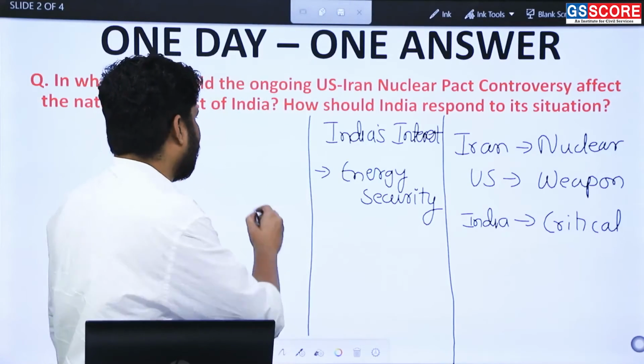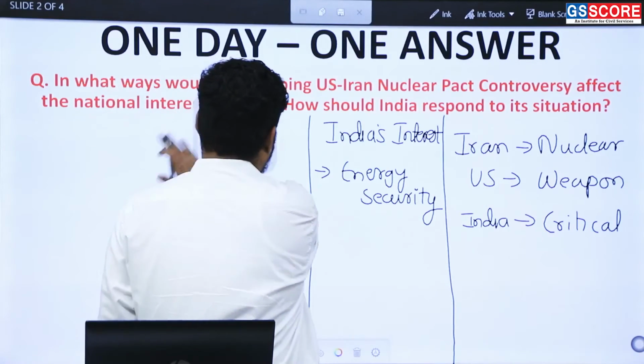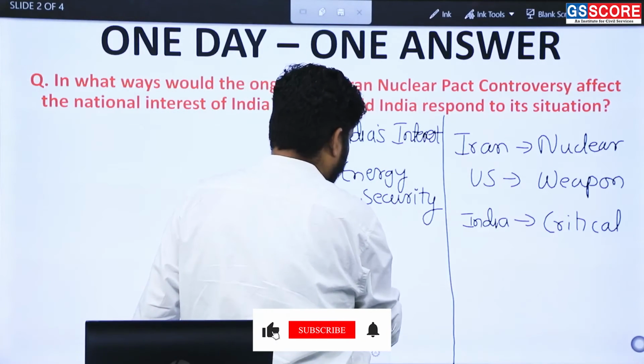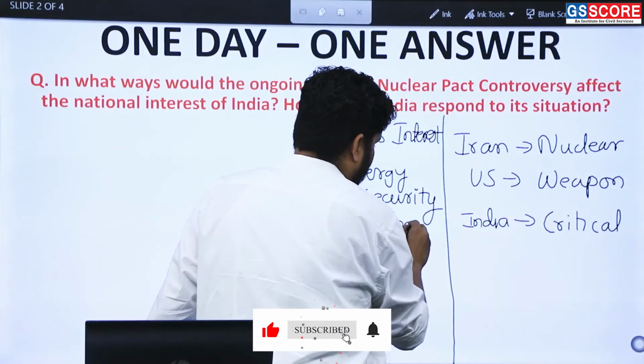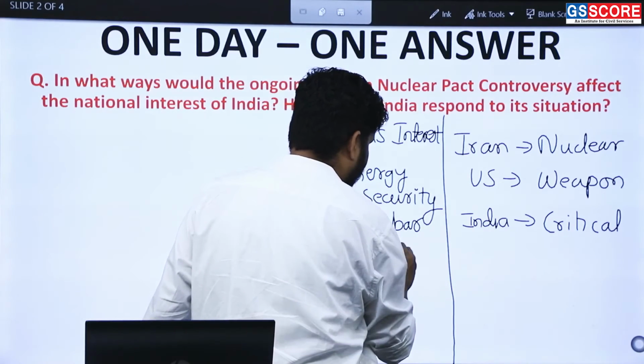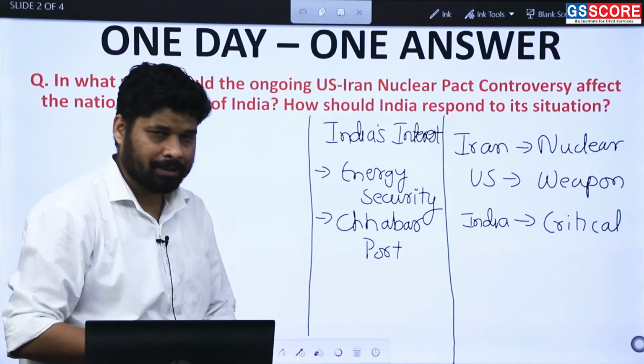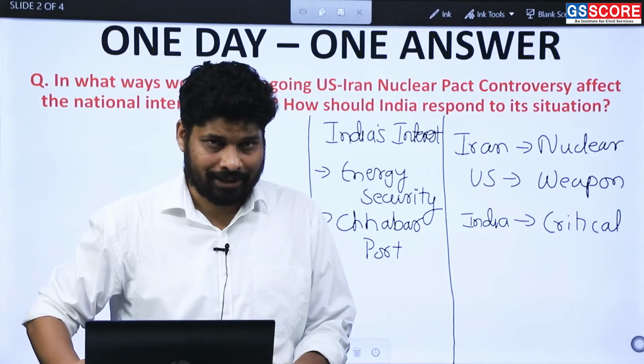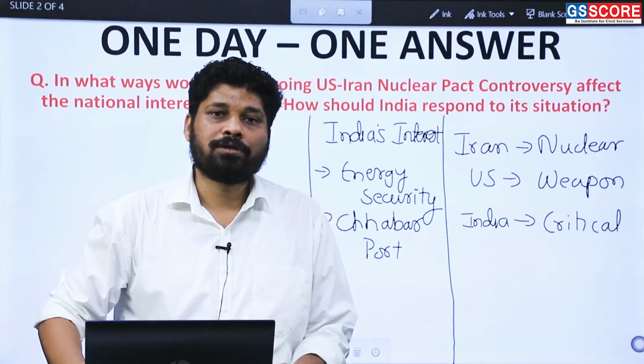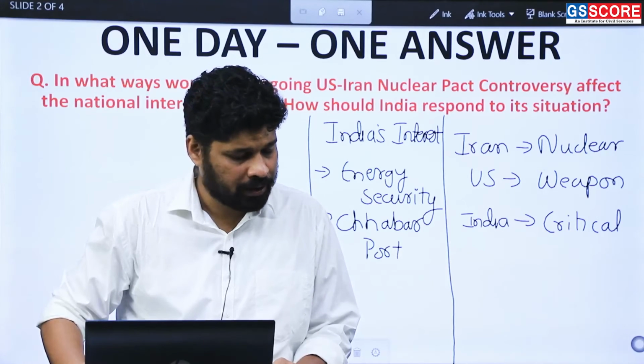Second is Chabahar port. Chabahar is an ambitious project of India which will connect India to Central Asia and Russia through the International North-South Transport Corridor.